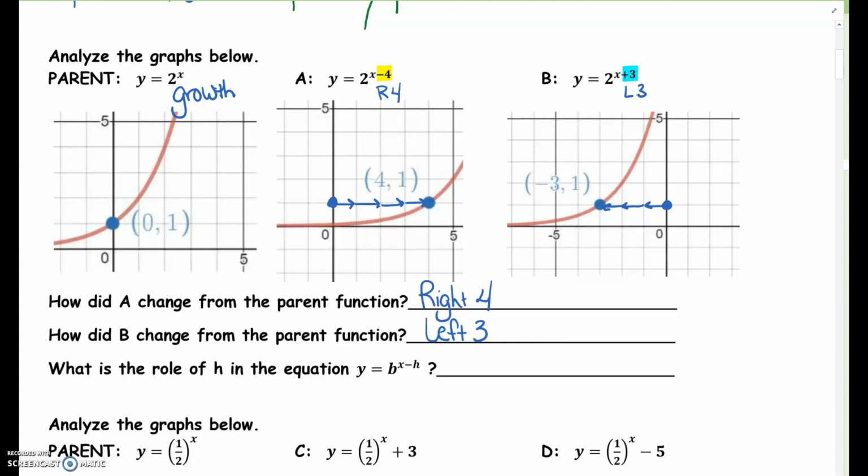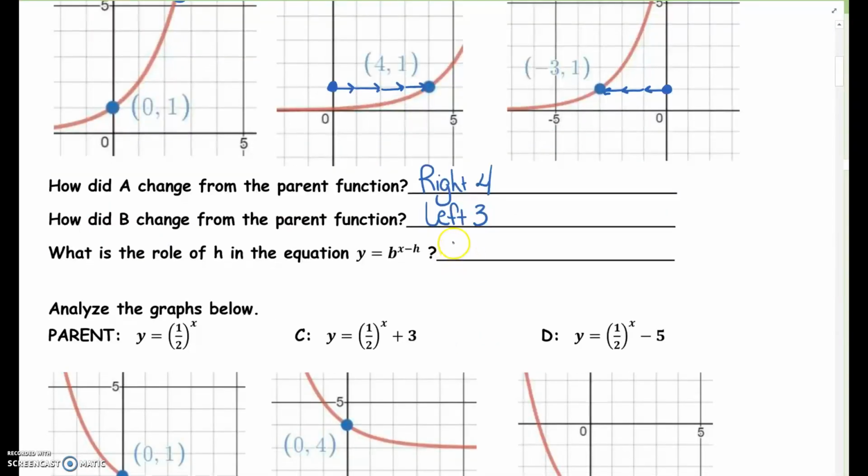So what is the role of h in the equation y equals b to the x minus h? Plus h moves left, minus h moves right. If it's in the exponent, it moves the graph side to side, left or right, and it's opposite. So plus actually moves left, minus moves right.